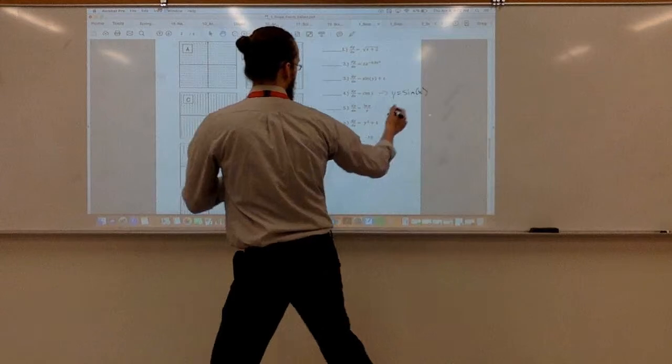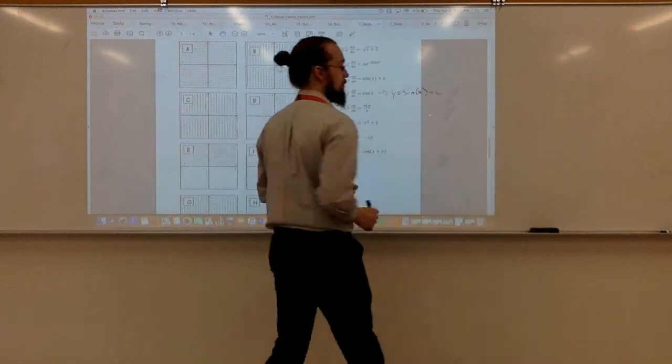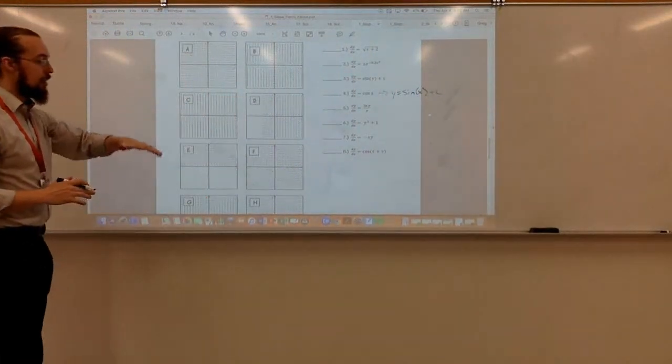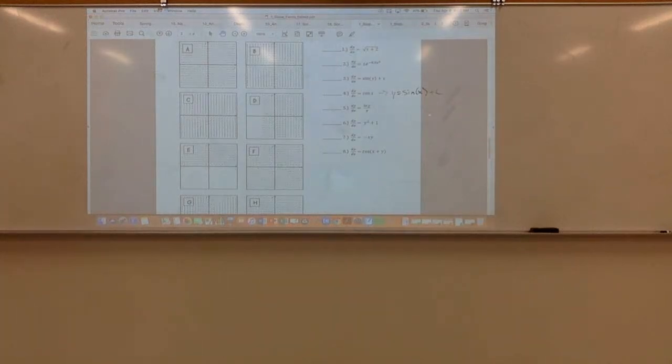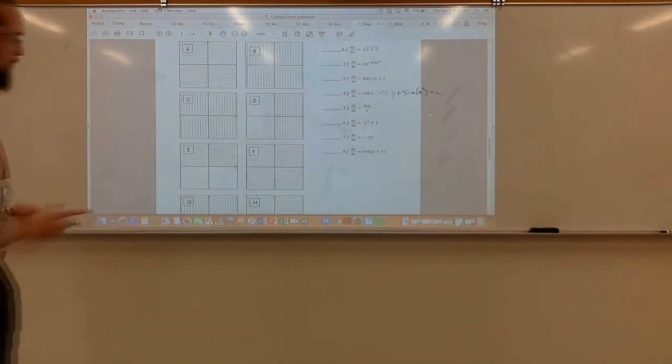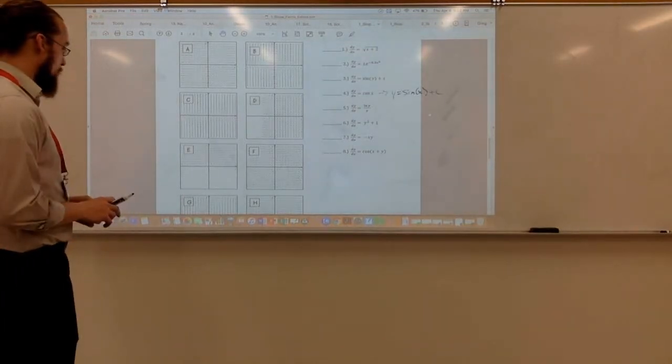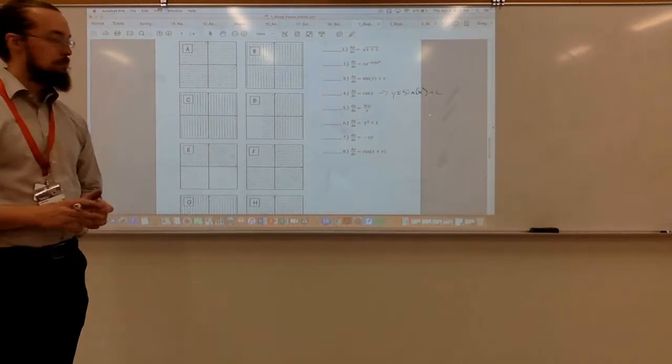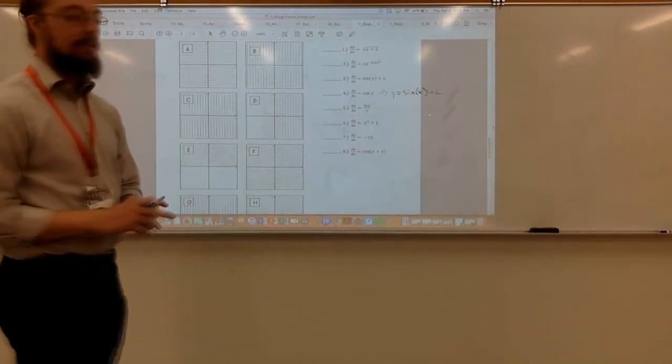Or I guess, let's see, we could be shifting that sine up or down. Kind of looks like H. Yeah, I think that's probably the only one that actually looks like a trig function, right?